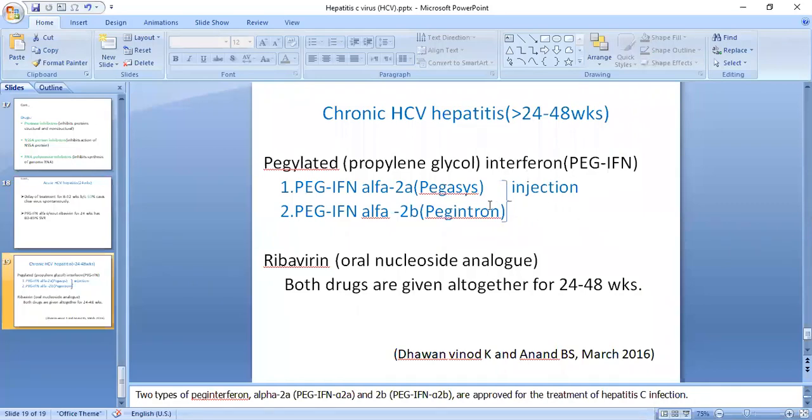So this is not a preferred way of giving the treatment. Nowadays, oral antiviral drugs are given, and sometimes pegylated interferon and antiviral drugs such as ribavirin are given together for 24 days.